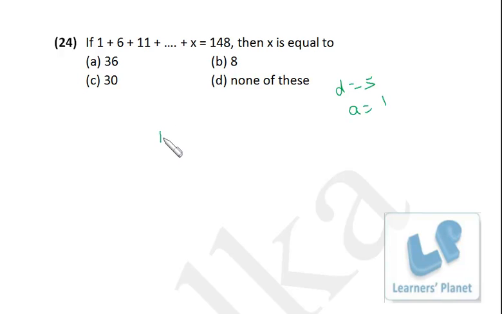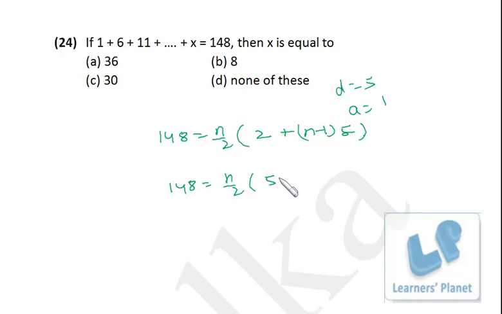So the sum is equal to n by 2, 2A plus n minus 1 into D. So D is 5 over here, right? So 148 is equal to n by 2, 2 plus 5n minus 5. So it is precisely 5n minus 3.